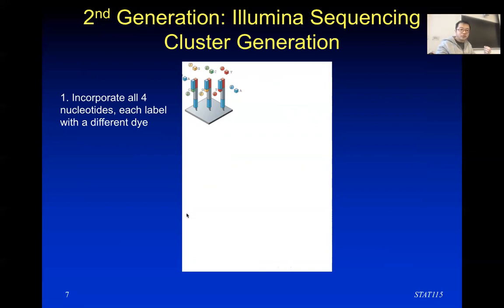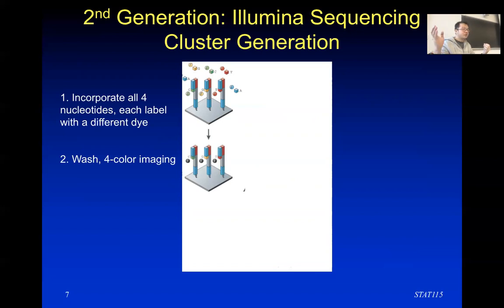Once it incorporates a nucleotide, it will stop extending. So for example, when we sequence here, it will add the nucleotide C and stop here.